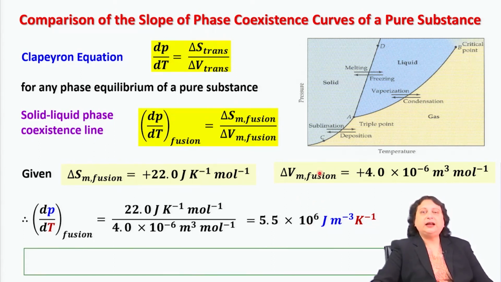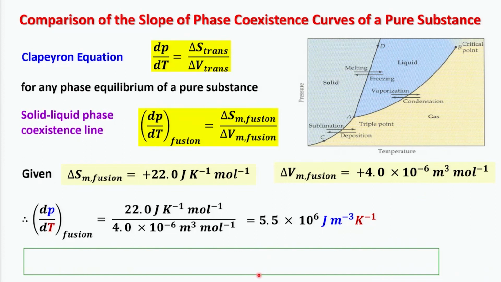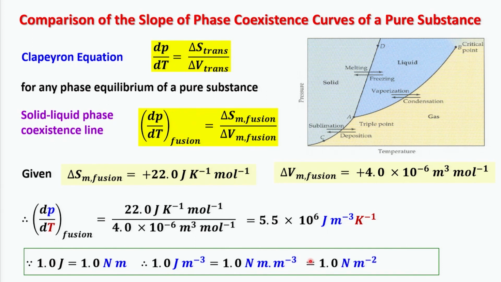In order to do that, let me do a quick check of the unit. So, 1 joule is nothing but 1 Newton meter. Therefore, 1 joule per meter cube is nothing but 1 Newton meter multiplied by meter cube per meter cube. So, the result is 1 Newton per meter square.